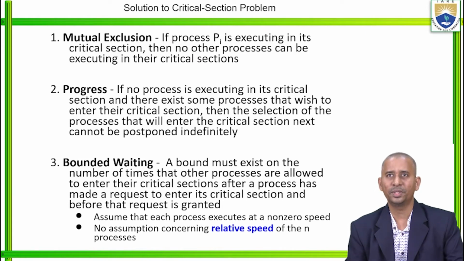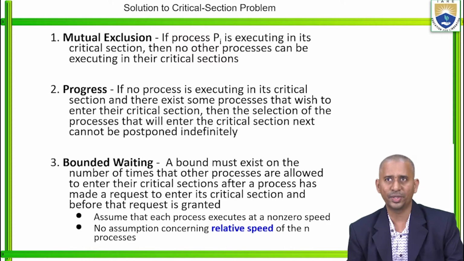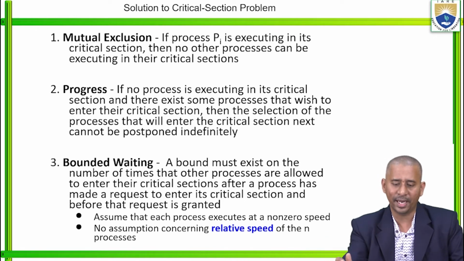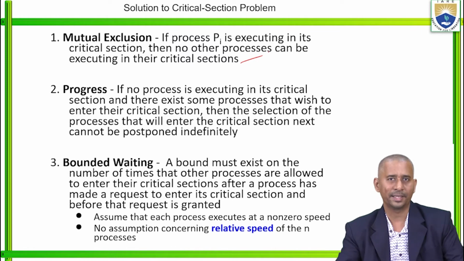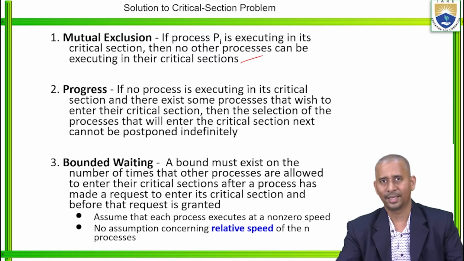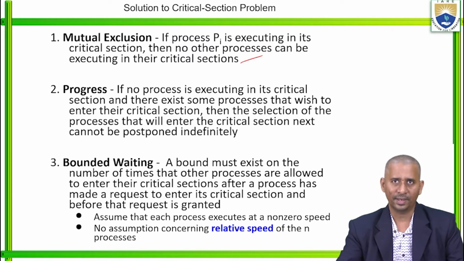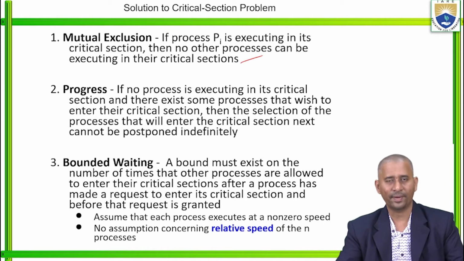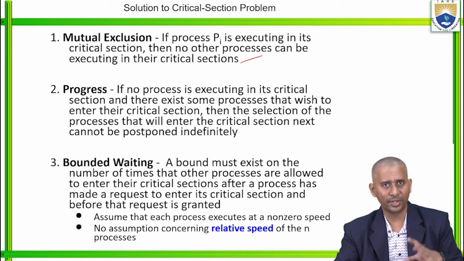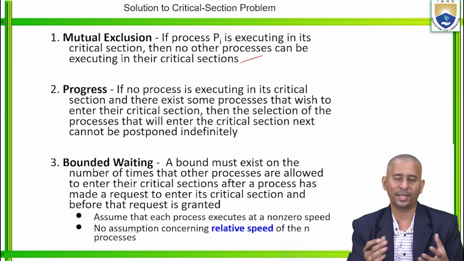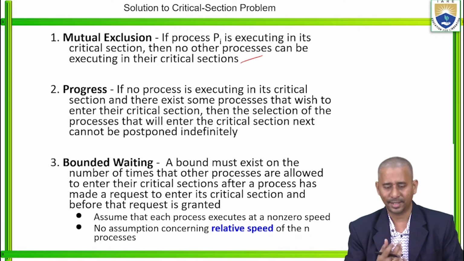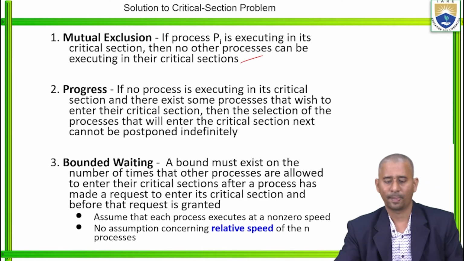First, mutual exclusion: if any process is executing in its critical section, then no other process can be executing in its critical section. That is the basic principle of the critical section problem.